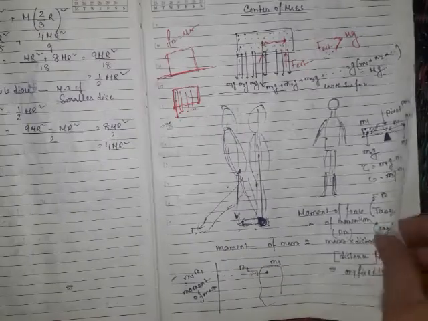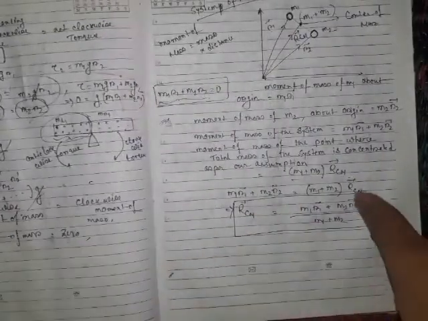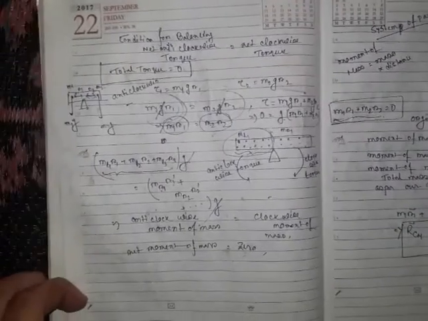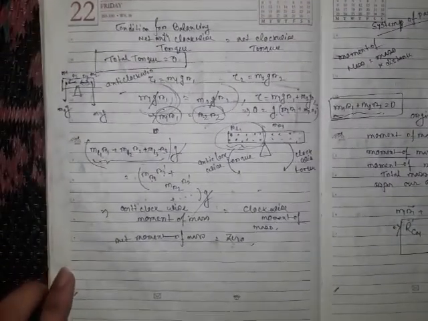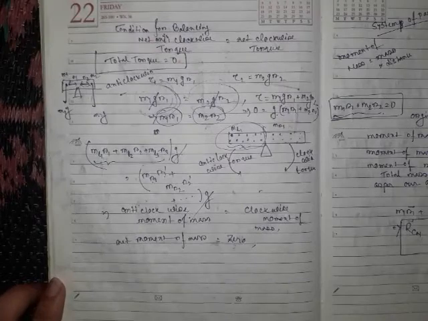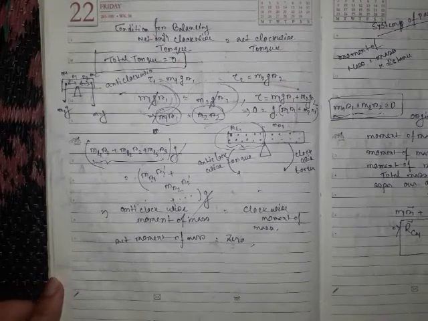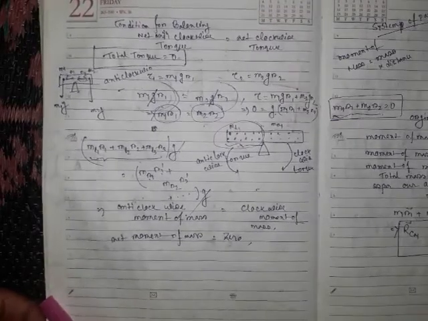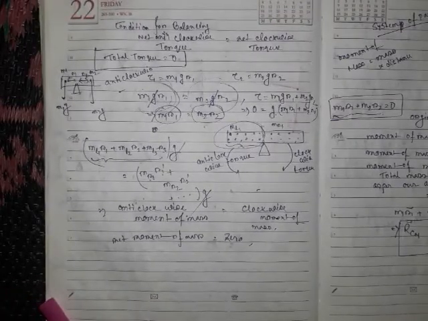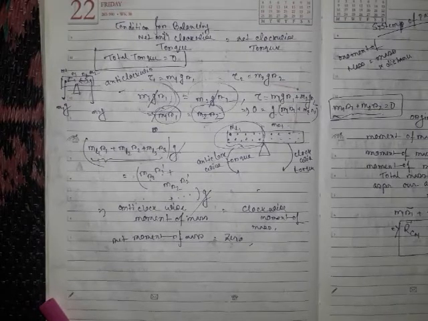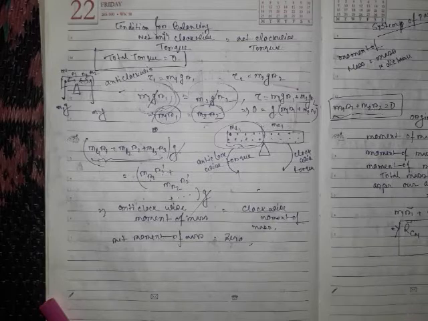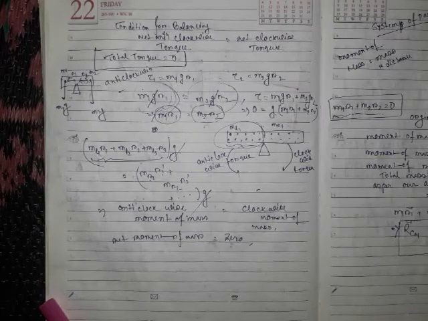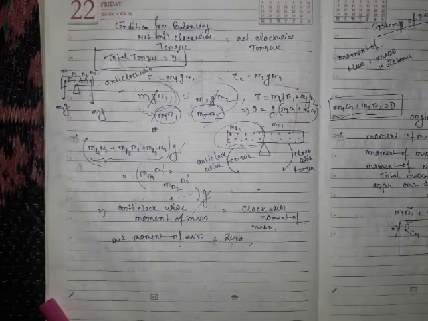Now we are going to derive some definition of center of mass. Actually we are not going to get a definition of center of mass, we are just going to get a definition of center of gravity. For symmetrical structures, like a sphere or cube or cylinder, center of gravity and center of mass are the same points.